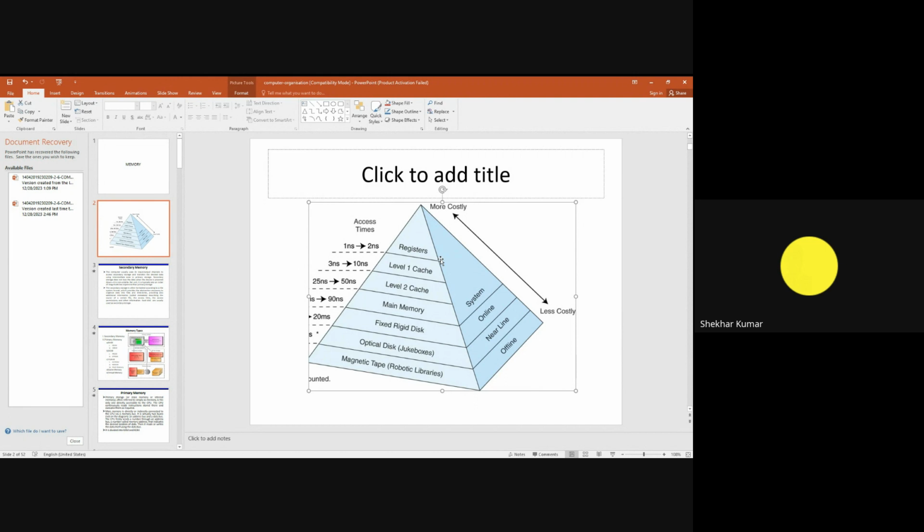The size of the register may be less than 1 KB, and the access time is in nanoseconds, around 0.25 to 0.5 nanoseconds.